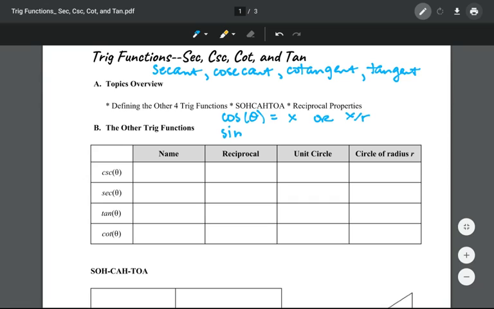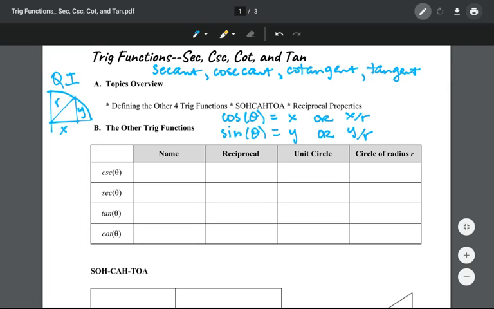The sine of theta is the y-coordinate on the unit circle, or if we're off of the unit circle, we get that trig ratio of y over r. And we're looking at this. See if I can draw a unit circle there, and I'm in quadrant 1. So x coordinate, y coordinate, and then this would be either r, or if we're on the unit circle, that would be 1.